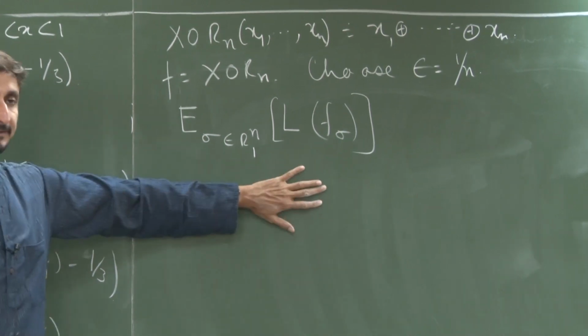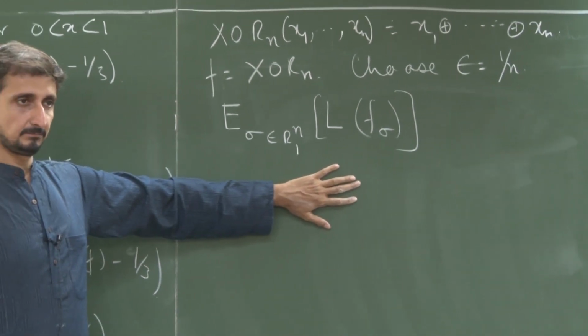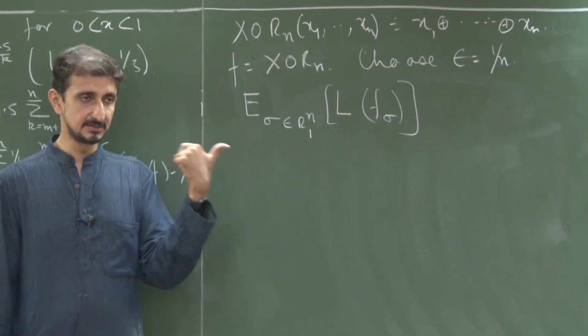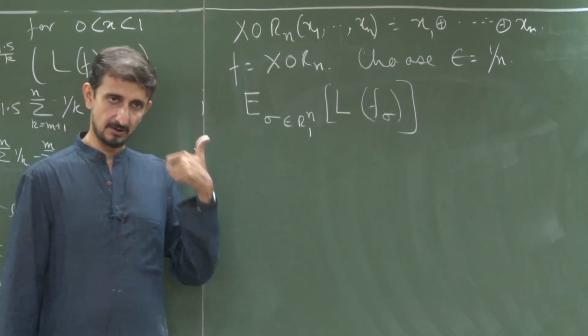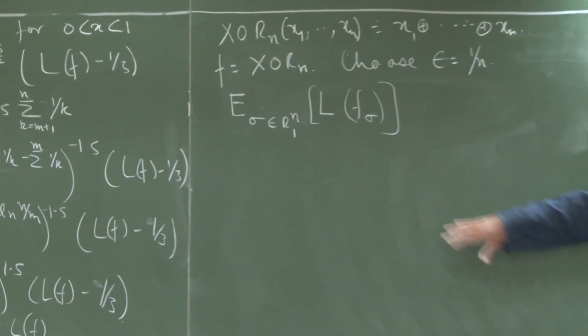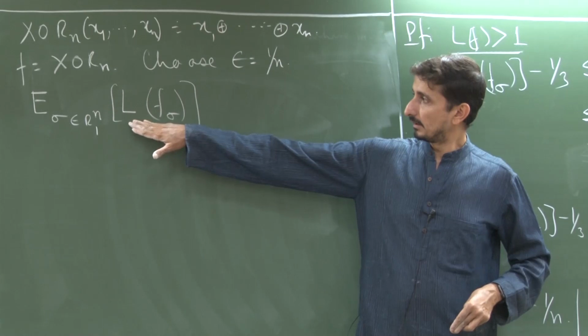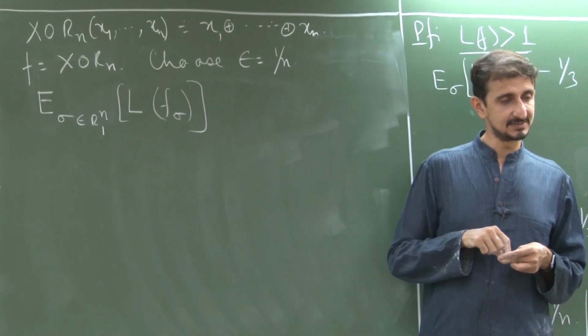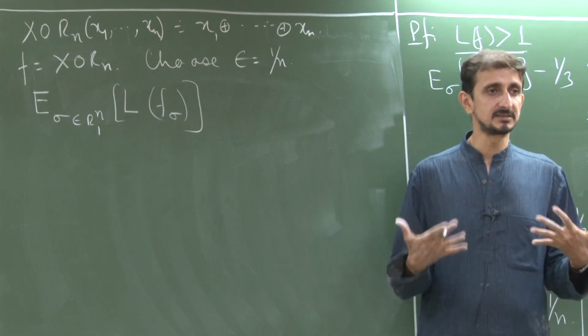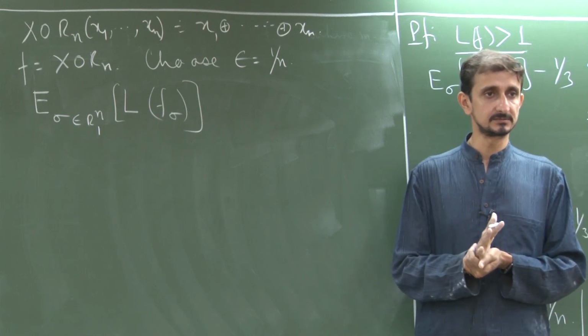What is this quantity? Note that all variables except one variable is fixed, only one variable is free. How large will be the formula size, or at least how large is it? Can you give a lower bound on this?